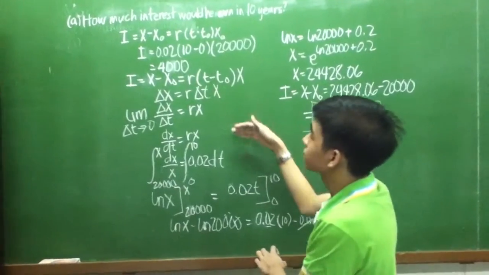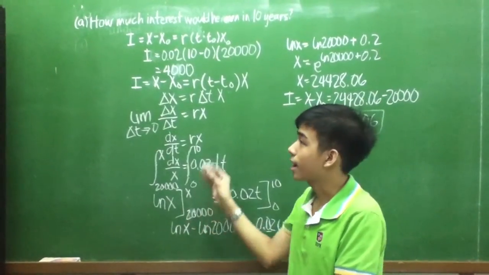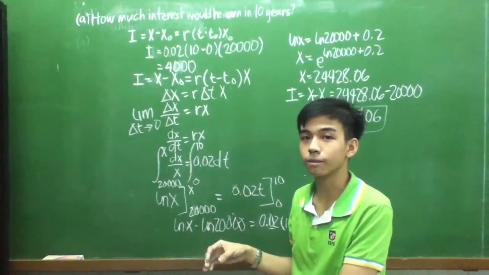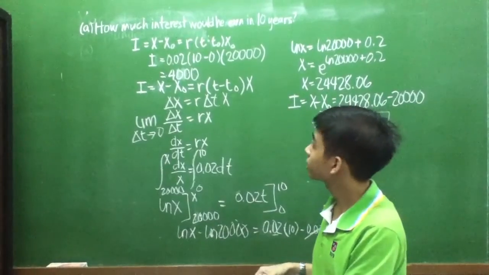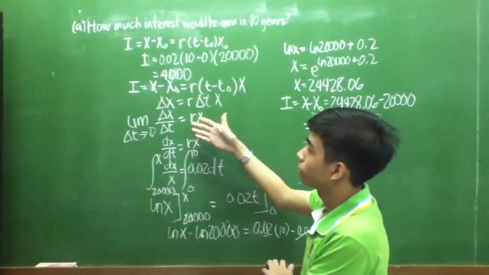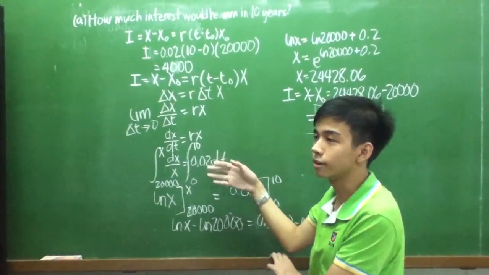So if that happens, then we will have to add all of the small interest that we place in order to get after 10 years how much interest will be earned.